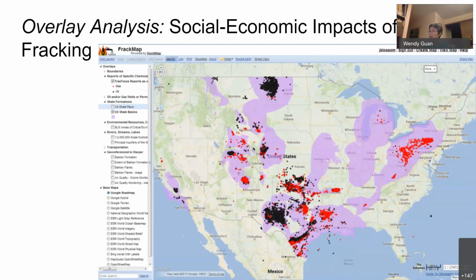geological structures. So overlay analysis was applied here to study the geological formation that holds these natural resources, the platforms, the wells already drilled on them. The red ones are gas and the black ones are oil wells.